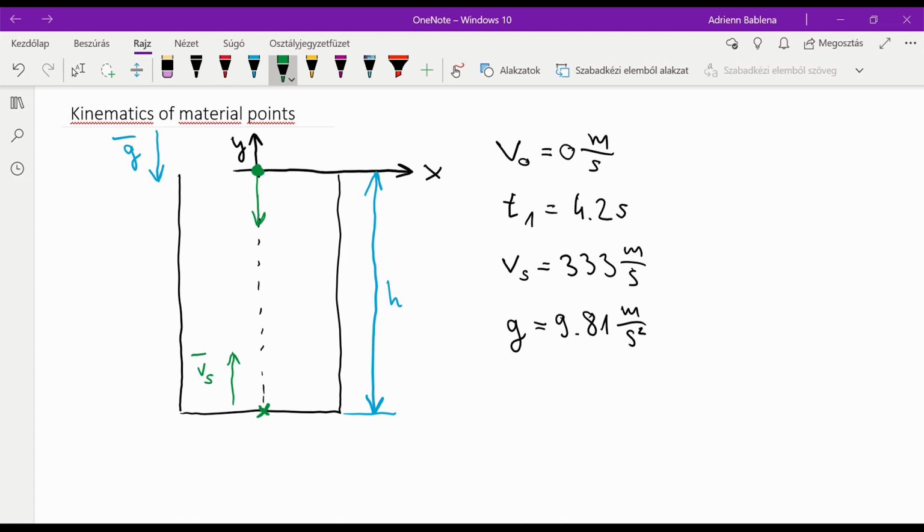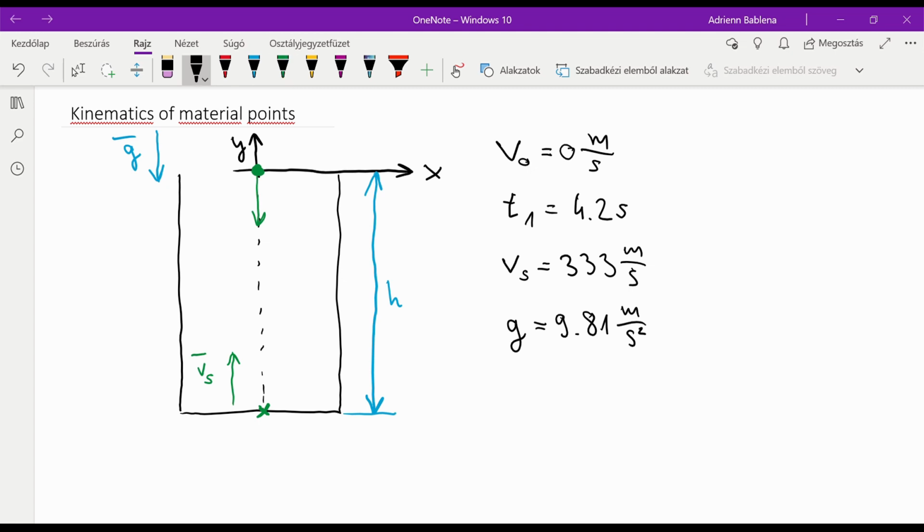So t1 is the time when we hear the knocking of the stone at the bottom of this hole. So the material point falls down, reaches the bottom of the hole, speed of sound comes back, and when we hear the sound, that's 4.2 seconds, right?